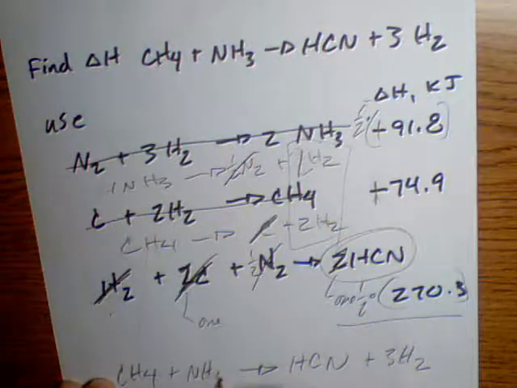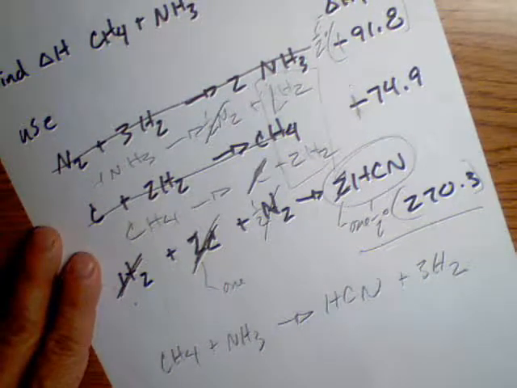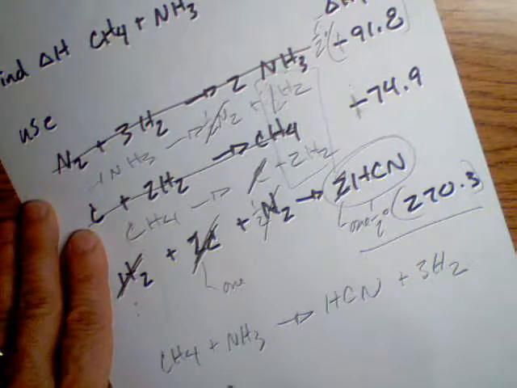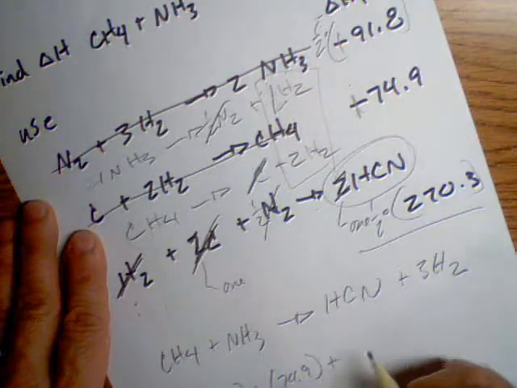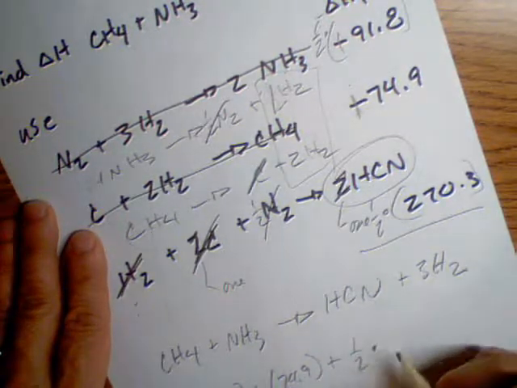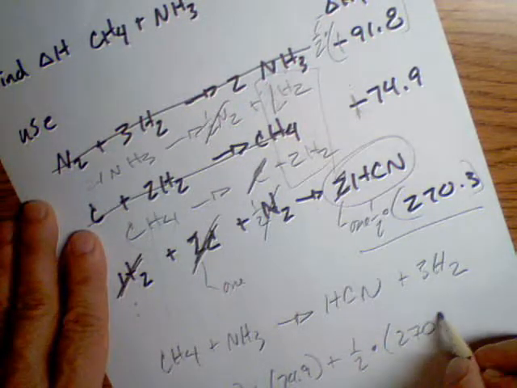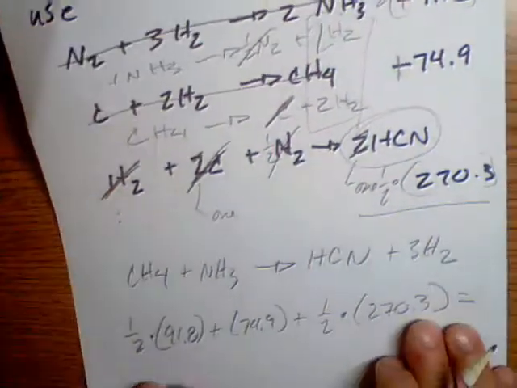So we have to add these up. So put it in your calculator. 1/2 times 91.8 plus 74.9 plus 1/2 times 270.3, and that should get your delta H.